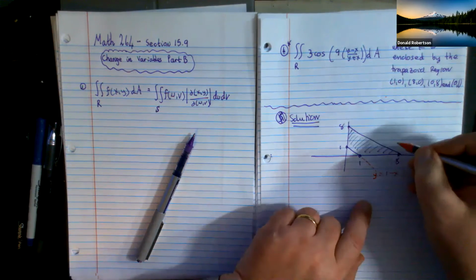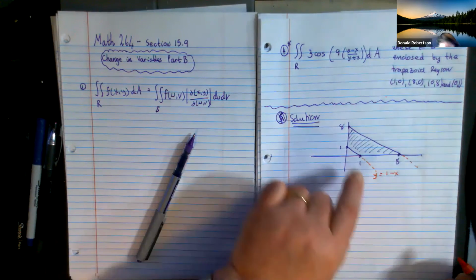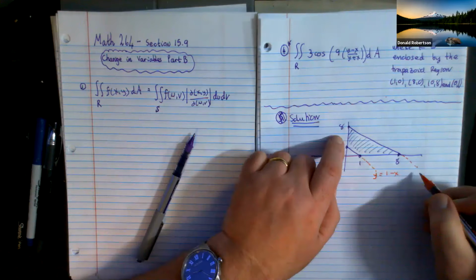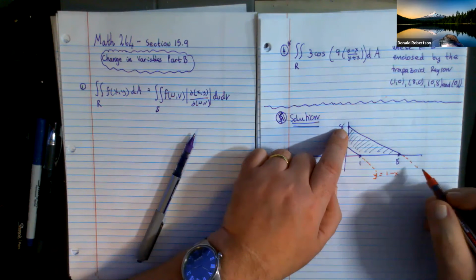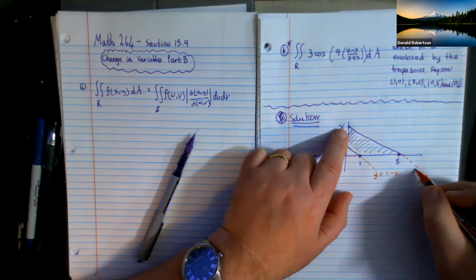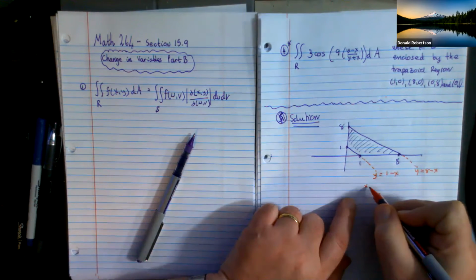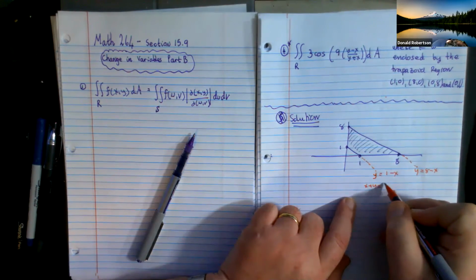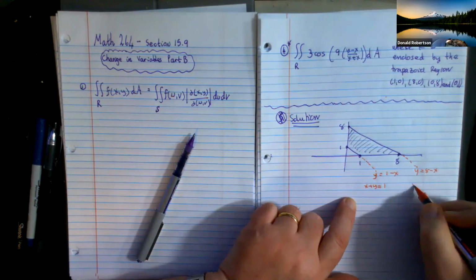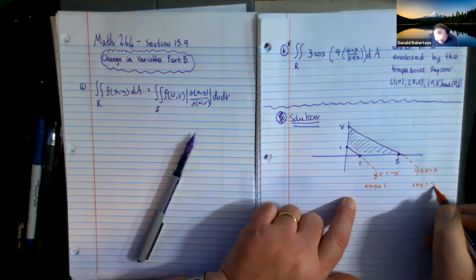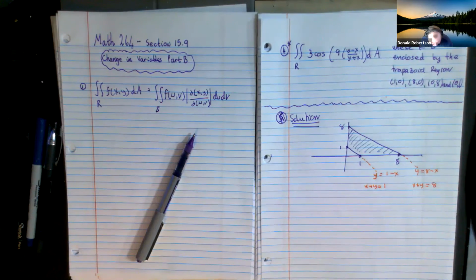And this line here is very similar. What is it? It's going to be y equals 8 minus x. I'm going to rearrange that a little bit and call it x plus y equals 1. And I'm going to rearrange this one and have x plus y equals 8. Well, that's good.